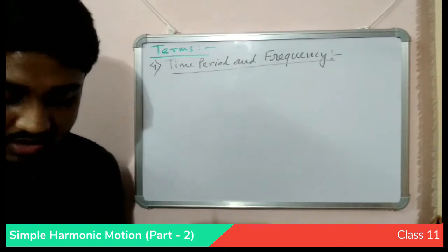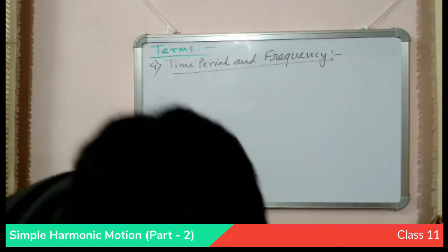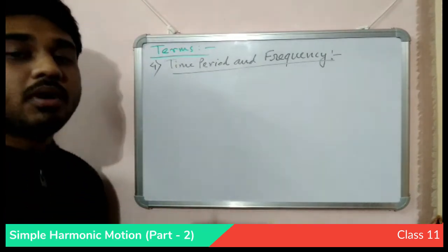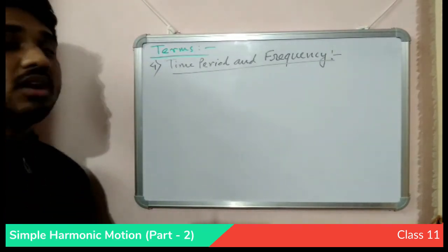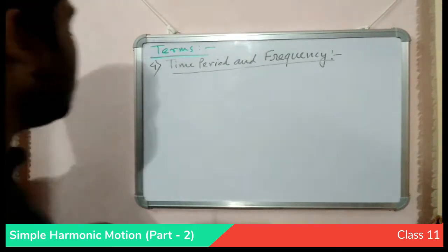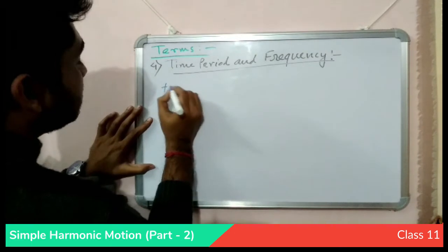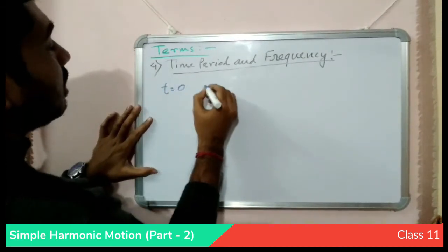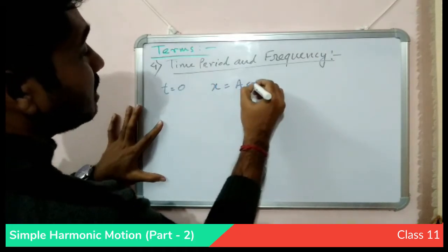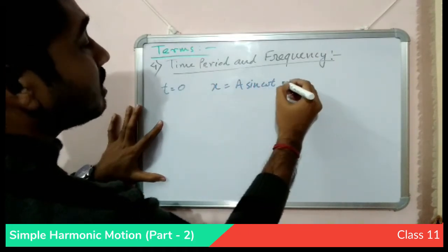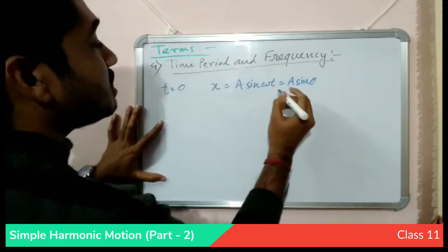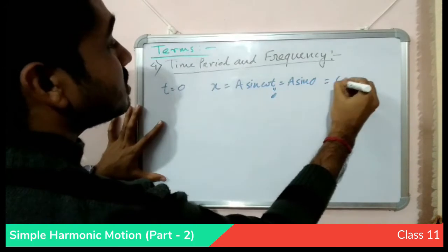Time period is the time in which a body takes a complete round of the path, or the time taken by the body for a complete oscillation. So at time t equal to 0, x is equal to a sin omega t, which is a sin 0, and that is 0.